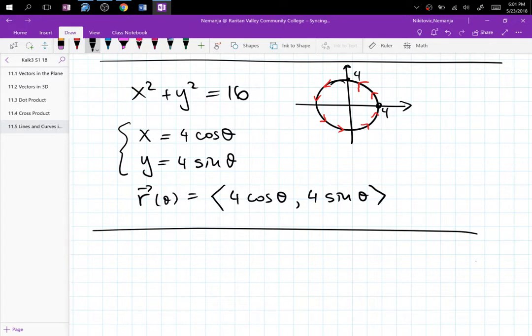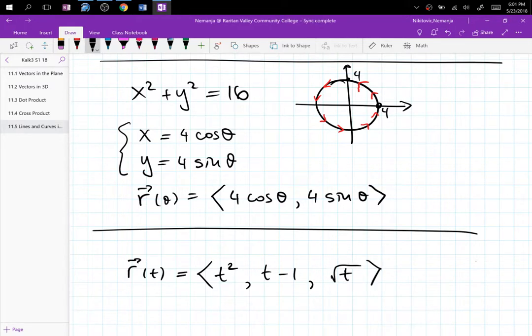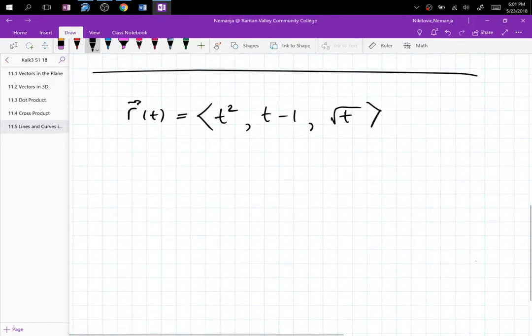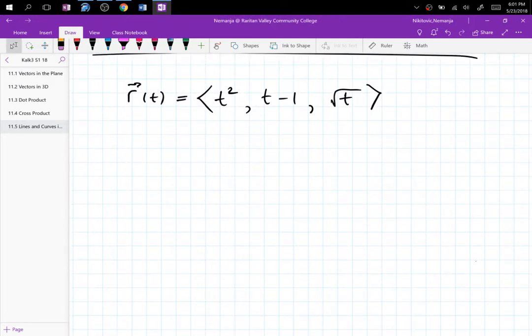Now, what I'm going to do is give an example of r(t) equal to, say, t squared, t minus 1, and square root of t, whatever. All right? So this is an example of a vector-valued function in 3 dimensions. What this looks like in 3D, I have no clue.